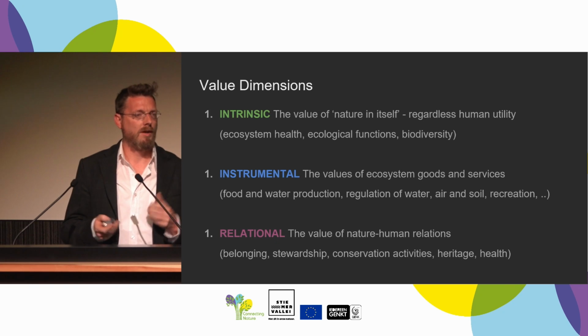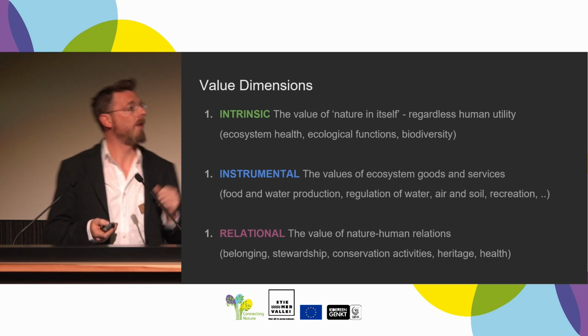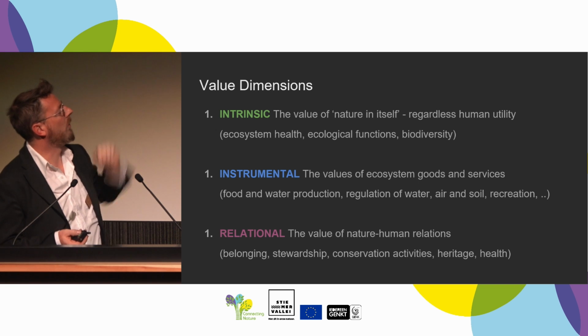So what we're going to do next is an innovative voting system where you will assign the keywords that you just have written down, which are the values you assign to nature, to these three categories. It's a nature-based voting system. If you look at your list, I'm going to run through these dimensions one by one.